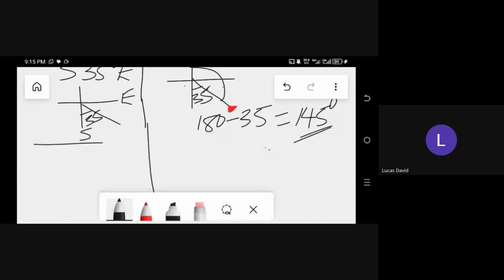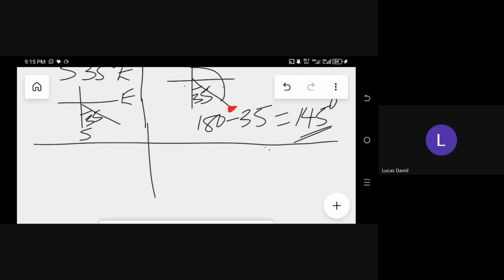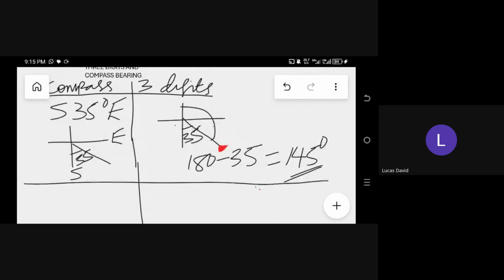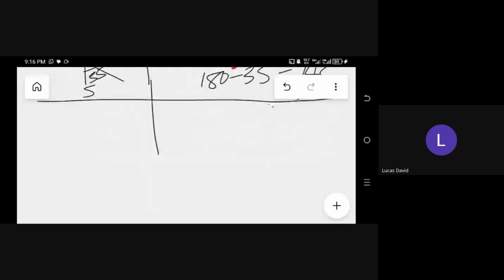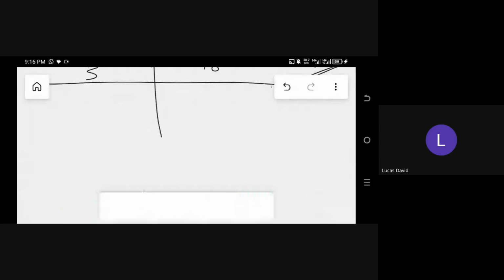So we're done with number one. We have converted the south 35 degrees east to a 3-digit bearing, and when we did convert that, we got 145 degrees. Okay, so let's proceed and see what we can do converting.